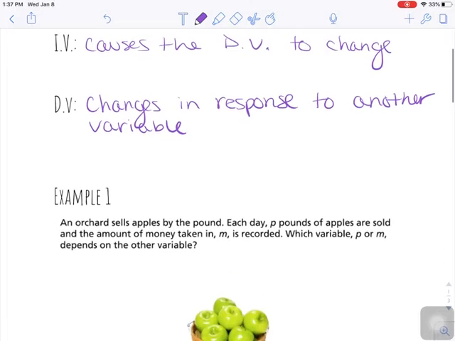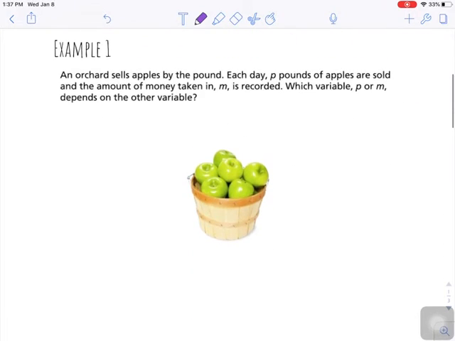So let's try these out in a few examples. Example 1: an apple orchard sells apples by the pound. Each day, P pounds of apples are sold, and the amount of money taken in, M, is recorded.